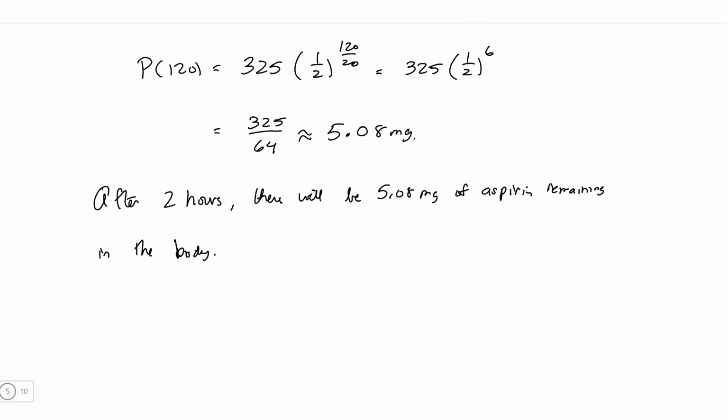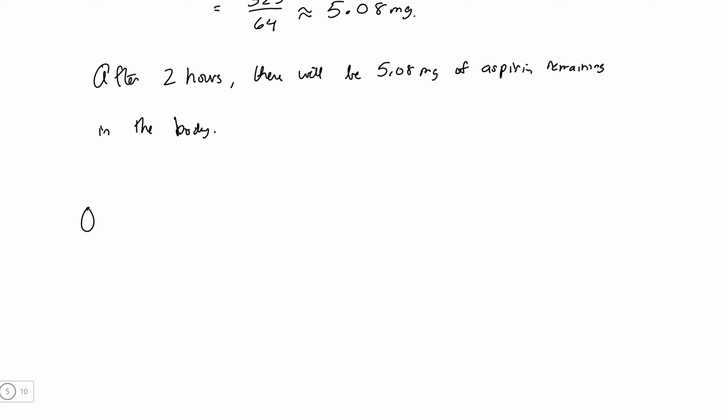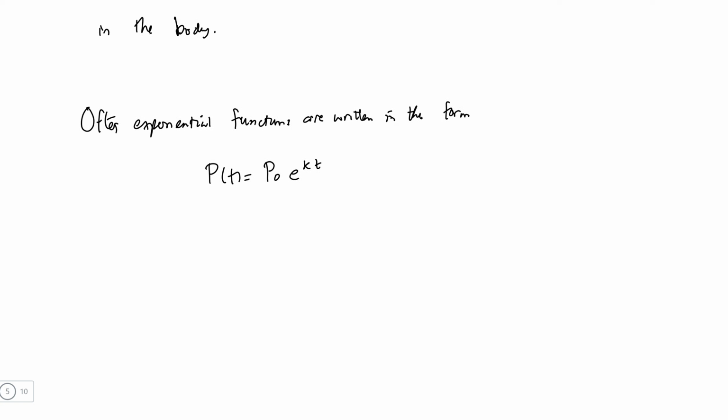So you might have seen before, often exponential functions are written in the form P of t equals P0 e to the kt, where e is the base of the natural log.